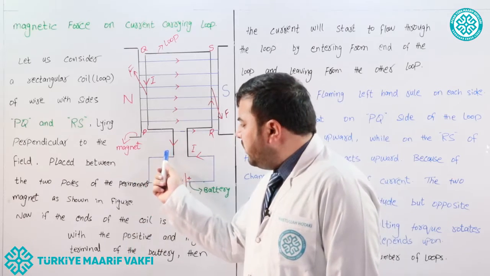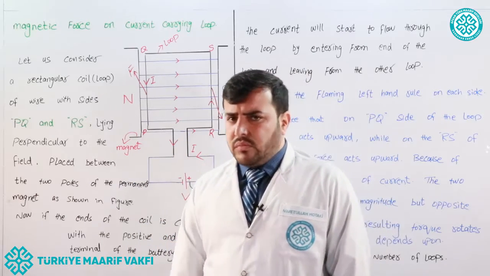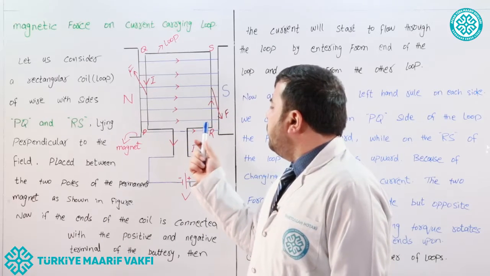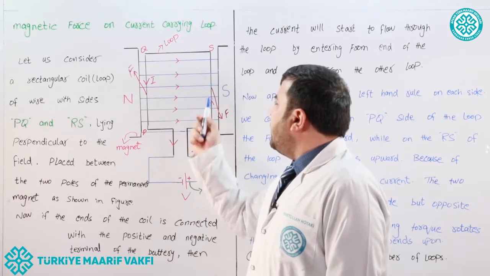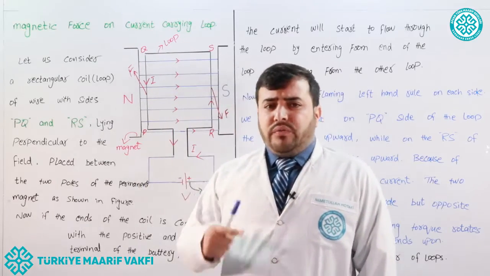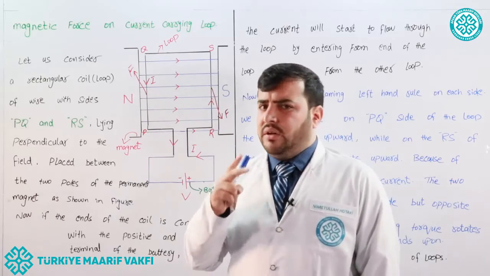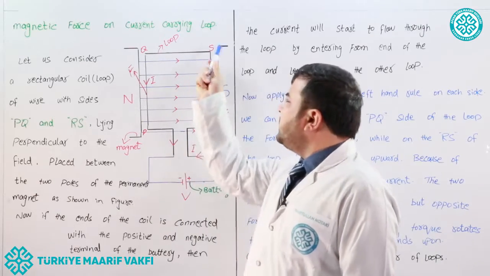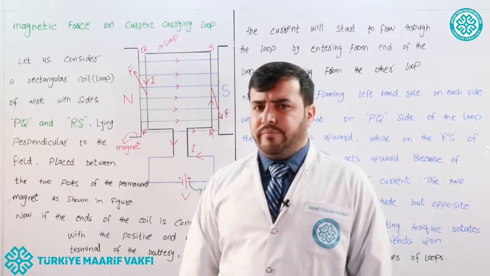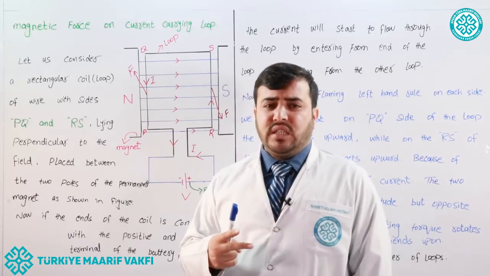So in this way the current will flow through the loop in the direction RSQP. Now if we look at the loop, this loop has two sides. The first one is the RS side and the second one is the PQ side.